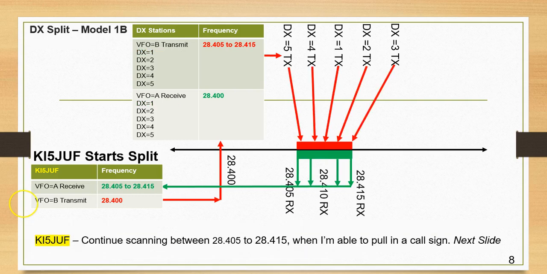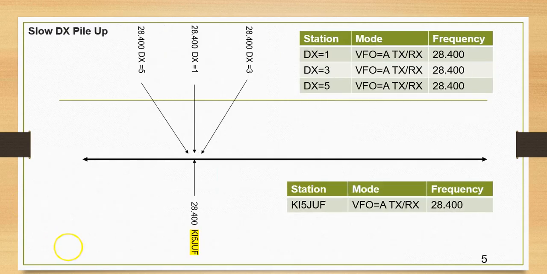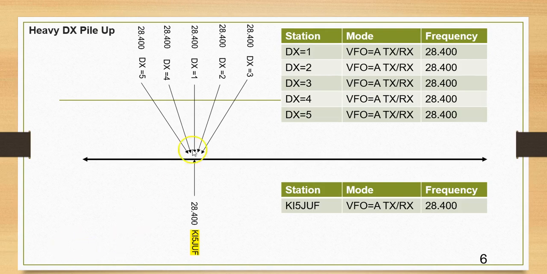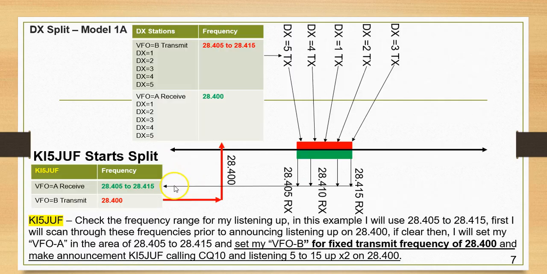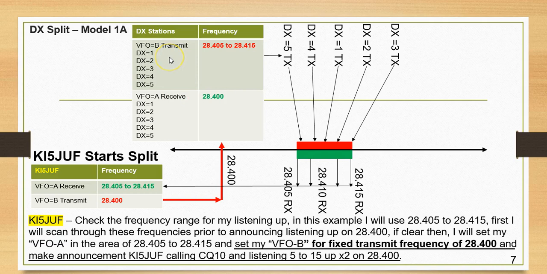So again, the idea of this video is just to kind of give you a quick overview of what we're dealing with here. Basically, what we want to do is we want to take everything that's happening on this frequency here, which is called a pileup. We want to ask all of our stations to go into split operations, but we want to ask them to transmit across this frequency spectrum here, which is what they're doing here.